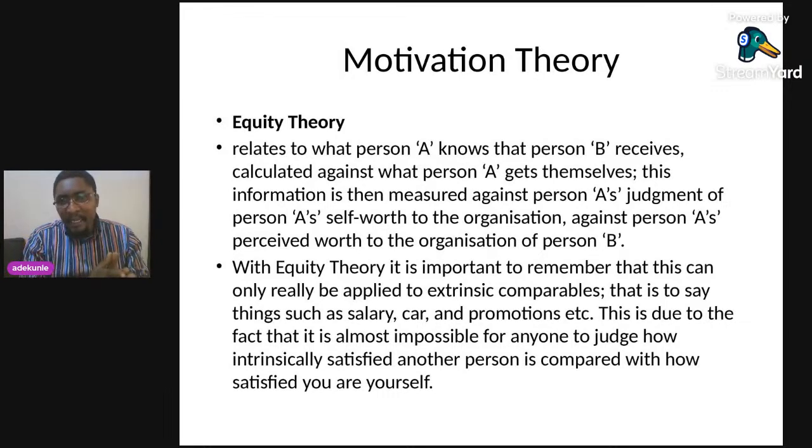Person A knows that person B receives a reward, calculated against what person A gets themselves, and this information is then measured against person A's judgment of their own self-worth to the organization, against person A's perceived worth to the organization of person B. With equity theory, it is important to remember that this can really be applied to extrinsic comparability, that is to say, things such as salary, car, promotion, etc.